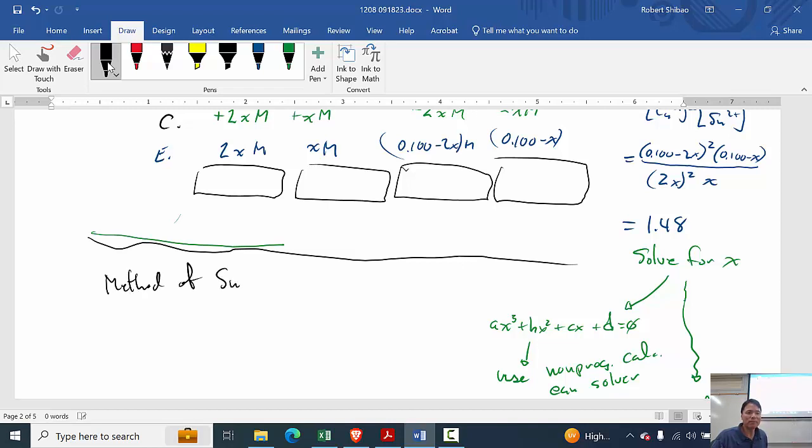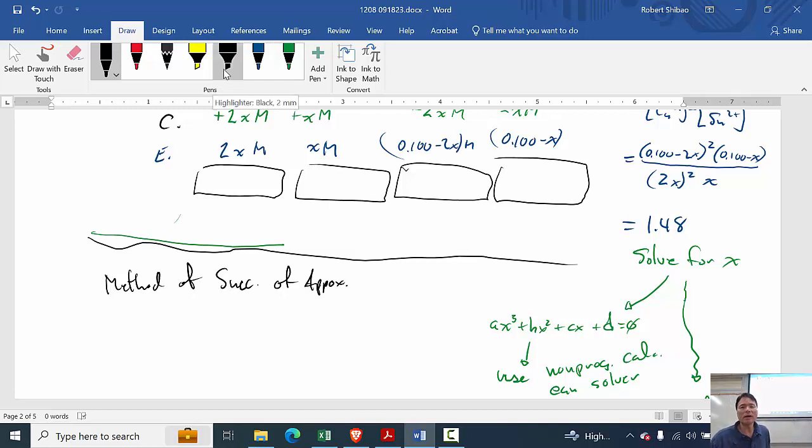I don't have my Casio FX115. I just have this, and I just have the basic calculator function on this. So we'll just do it that way.